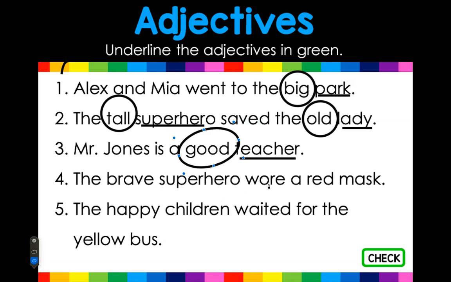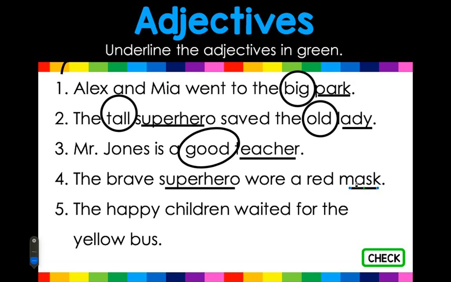The brave superhero wore a red mask. The noun is the who or the what. That's a superhero. Are there any more? Yes. Mask. Okay. Are these things being described with adjectives? Let's find out.